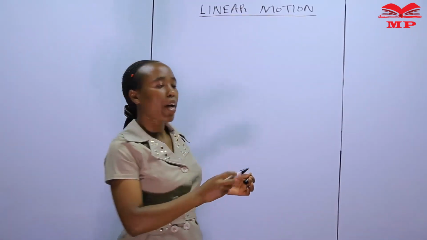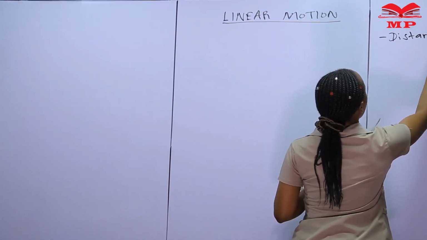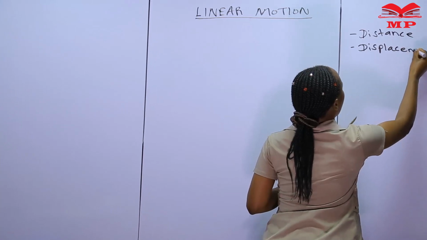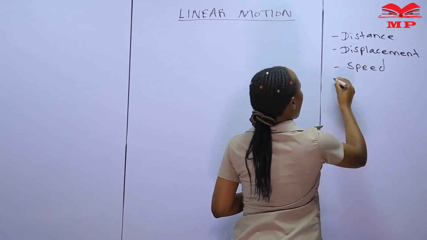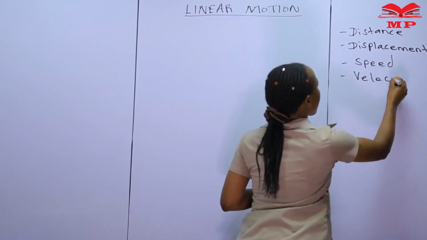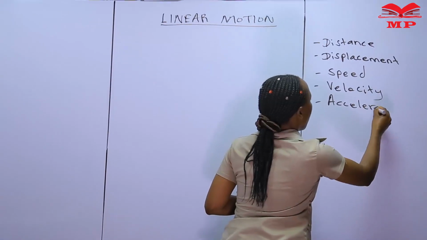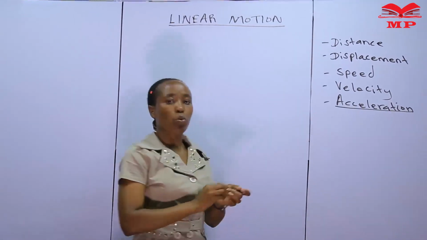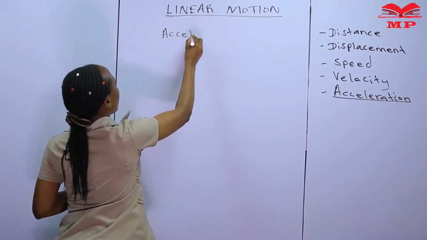So far we have defined distance, displacement, speed, and velocity, and we have acceleration as the last term in this topic. So we are going to talk about acceleration today.